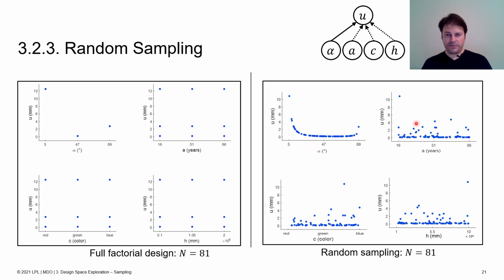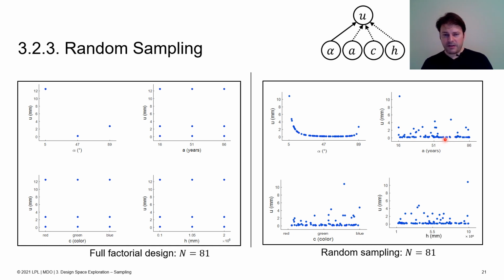And it's a little more difficult to tell whether A is irrelevant or not due to the random distribution of dots. I mean, in this diagram, you could think, well, perhaps there is a slightly decreasing tendency. So the displacement will become smaller when the age of the technician increases. And that, of course, would be wrong.